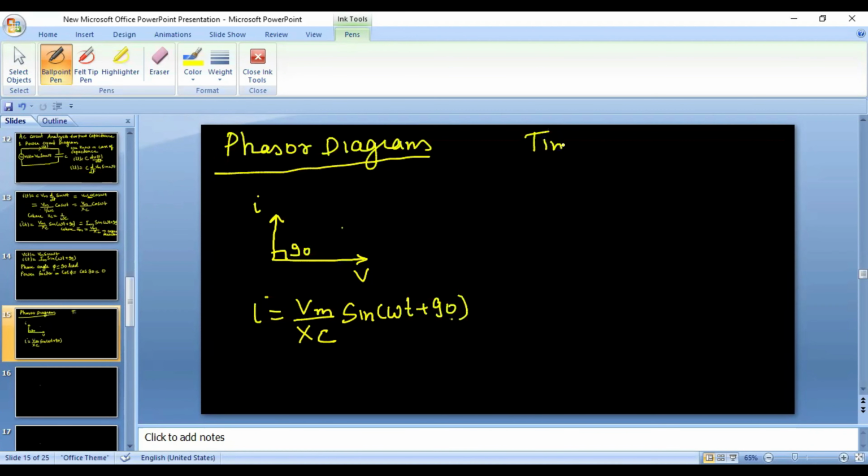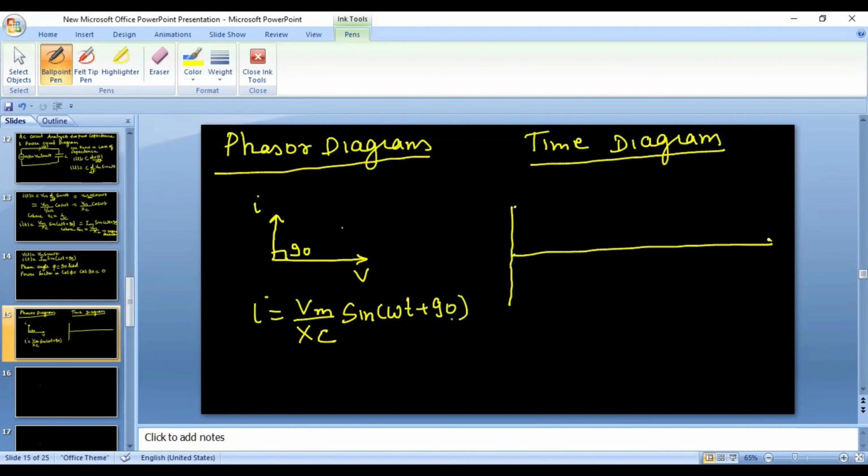That's why the magnitude of current will be less in comparison to the voltage. Now coming to the time diagram. What is a time diagram? Time diagram is nothing but the representation of electrical quantities with respect to the time axis. We can show the variation of electrical quantities with respect to time t. So I am showing the supply voltage variation with respect to time with this red color waveform. And for the current, you can see that current is leading the voltage by 90 degrees.